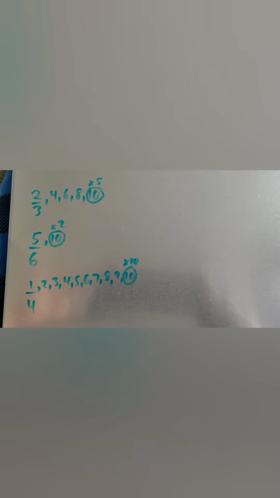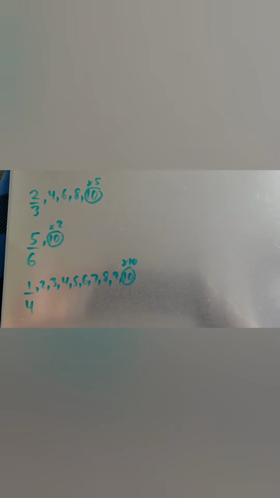And so I skip counted the numerators in all three fractions until I found a common numerator, and here that common numerator is 10. So notice for 2/3 I skip counted 5 times. For 5/6 I had to skip count 2 times, and for 1/4 I had to skip count 10 times.